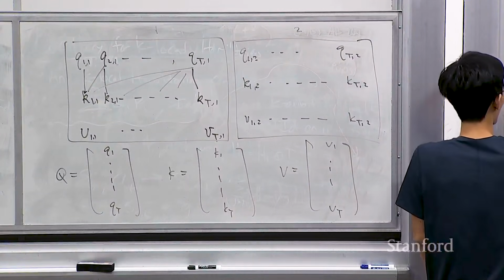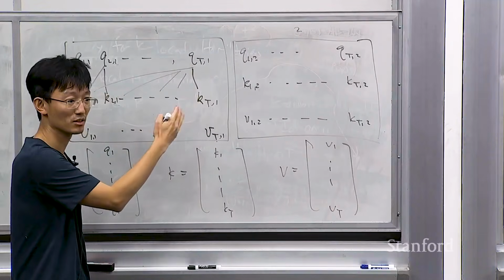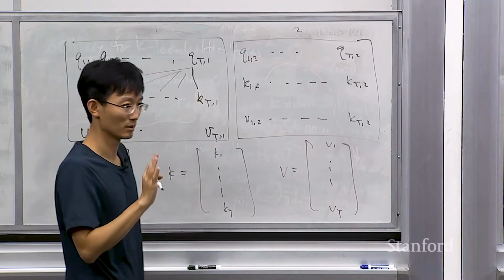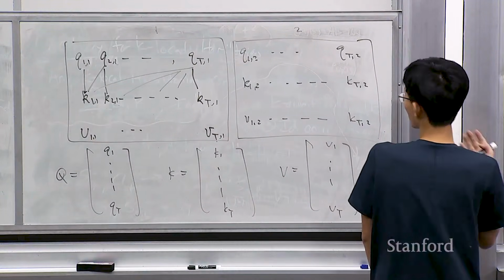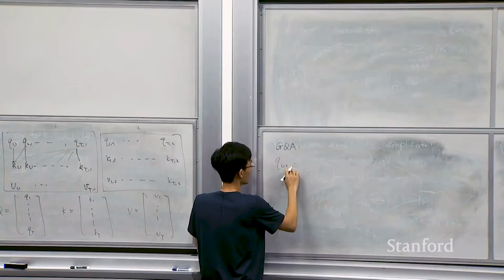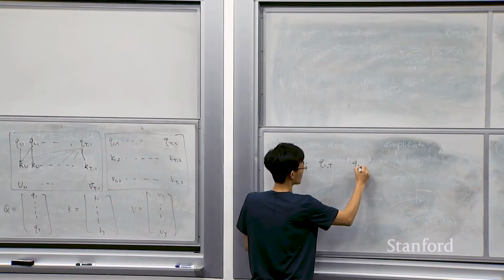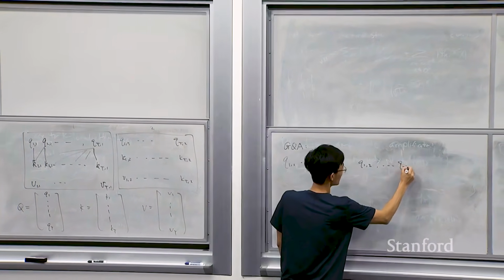So what happens is that in the time dimension, we cannot save much. So that's not the question, right? It's more in the key and query dimension. So basically, you say you have Q11 up to Q1T, and then you have Q12 up to Q2T.